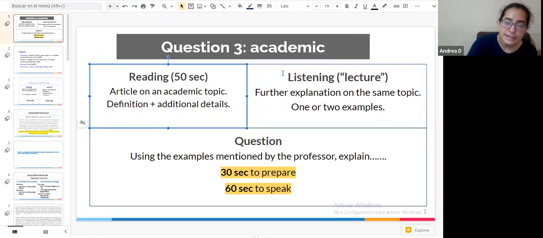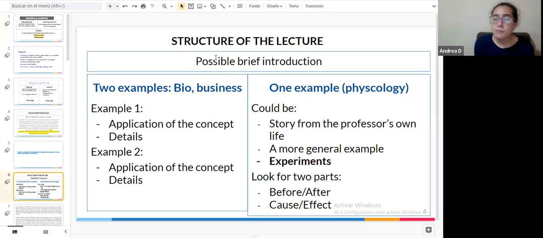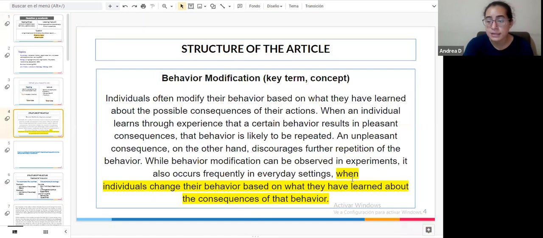Now, in this lecture, the professor may have a short introduction at the beginning, who knows? But the most important part, the only thing that you need to focus on when you're listening to the lecture is the examples. The professor will give you 1 or 2 real world examples of how this concept is seen in real life.